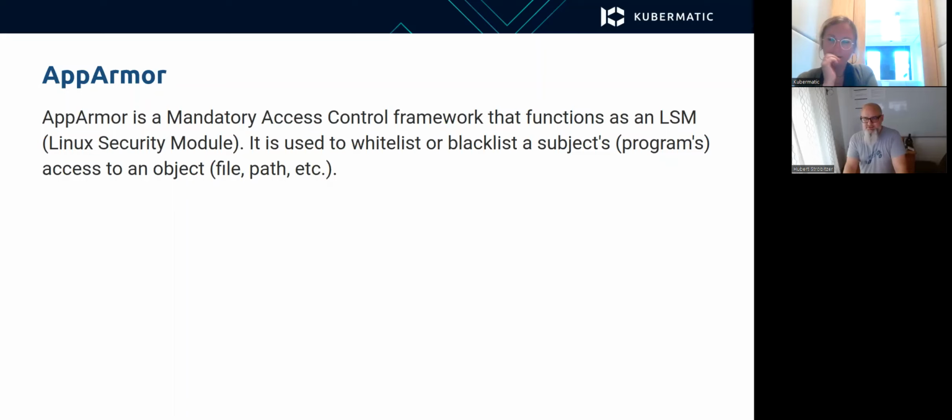So this is running on host level. This is not deployed via Helm or cron job or something like this. This is deployed on the host. And we can blacklist and whitelist stuff we want to prevent or allow.